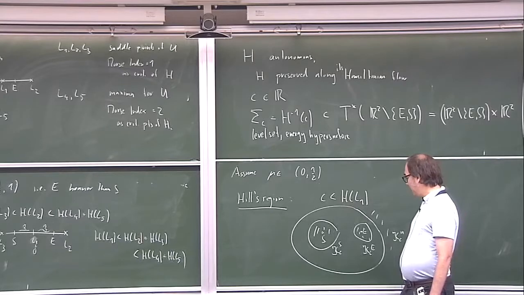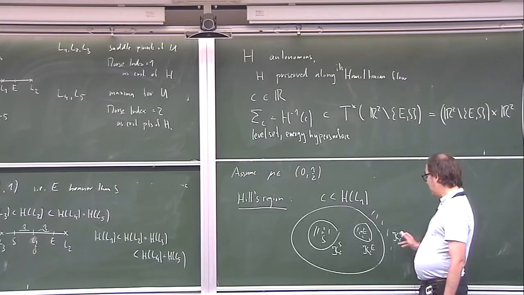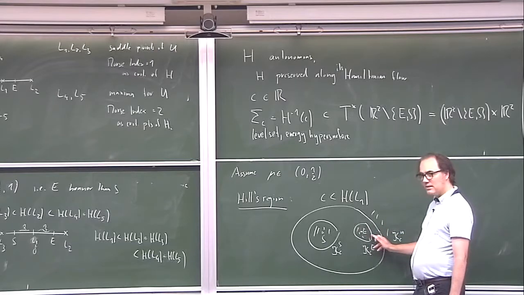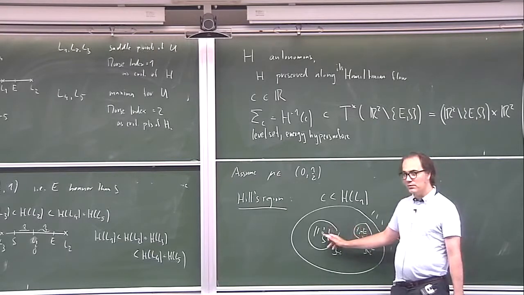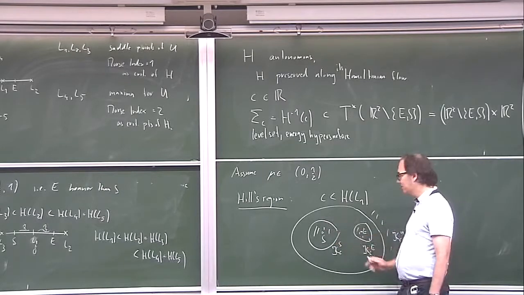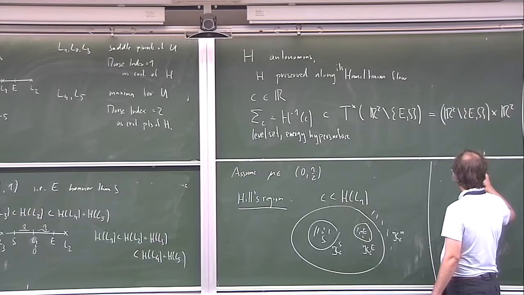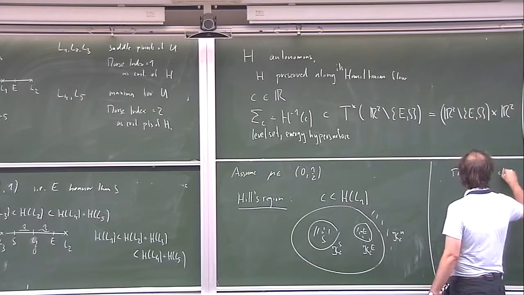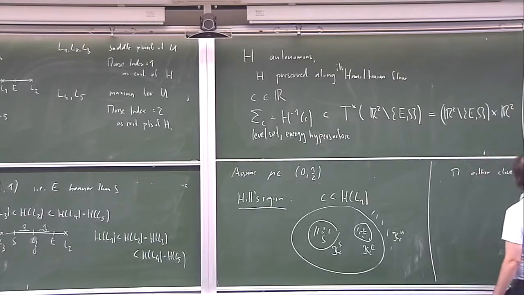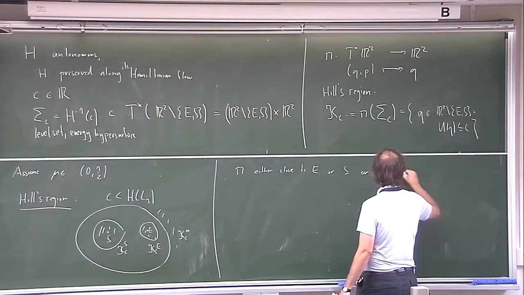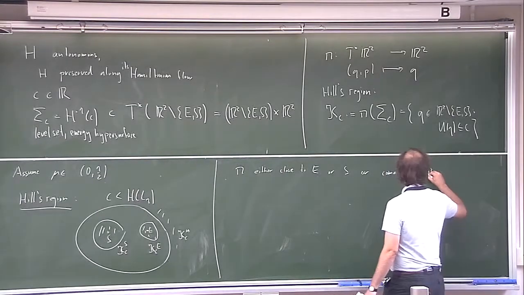This implies some kind of stability of the moon, because the moon is in this region, so it cannot go close to the Sun. It cannot cross this. So then M is either close to E or S, or a comet, i.e. far away.